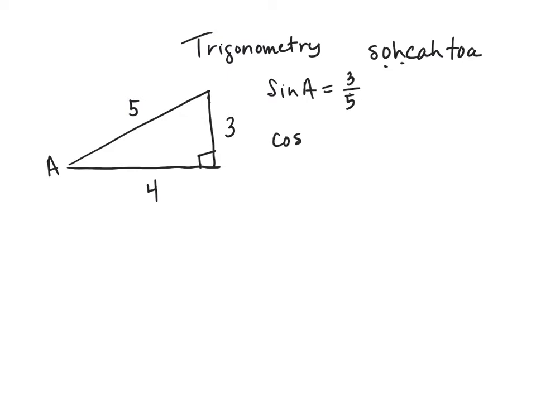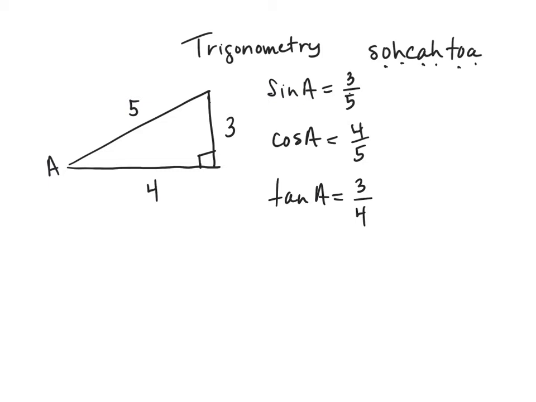The cosine of angle A, cosine is adjacent over hypotenuse. The adjacent side is the side next to A, which is 4/5. And the tangent of angle A, tangent is opposite over adjacent, which is 3/4.